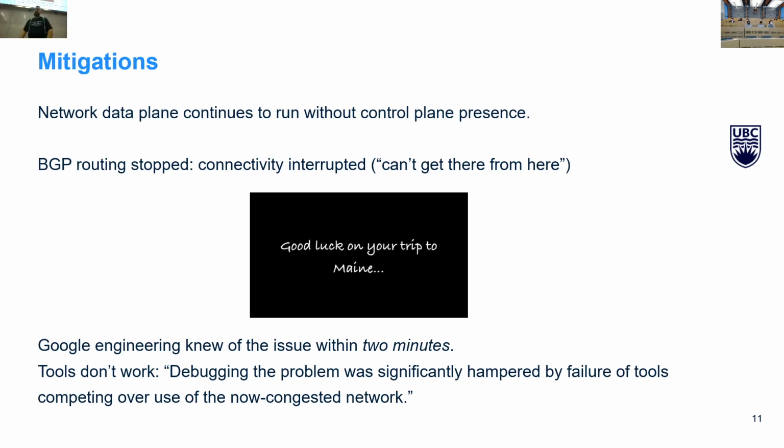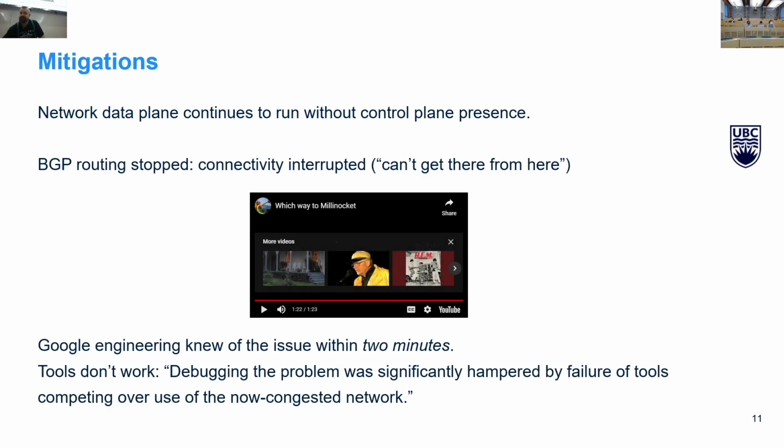If you've never been to Maine, the old timers in Maine really do sound like that. This exact quotation, "You can't get there from here," is something that I have heard for a long time. And as soon as I saw this, oh gee, the BGP routing stopped, I was like, you can't get there from here.